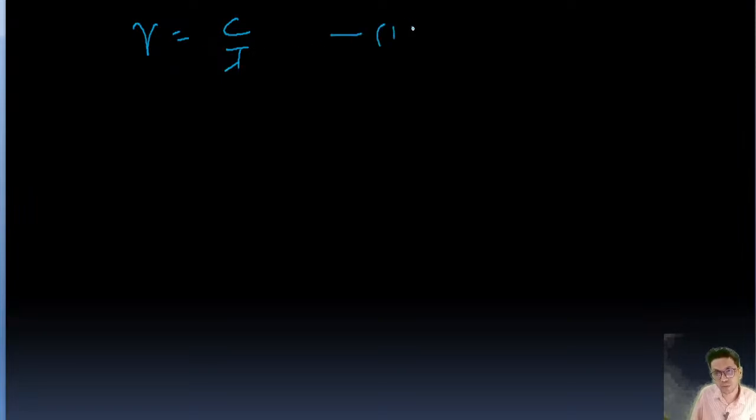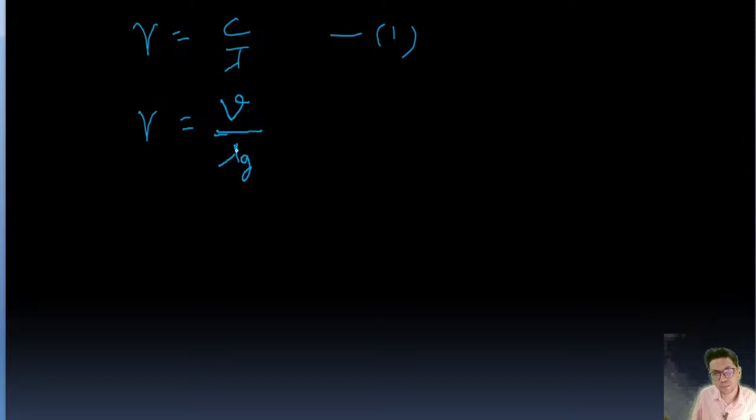Equation number 1. And similarly, the value of nu in any medium is V, that is velocity of that beam or light or a laser in that medium, upon lambda g.